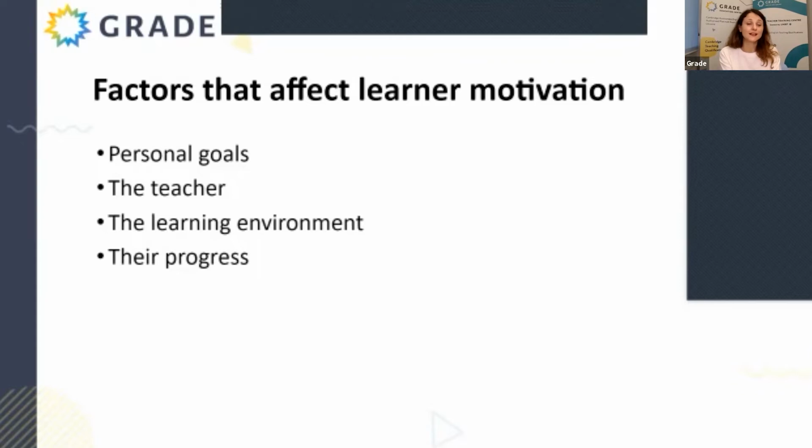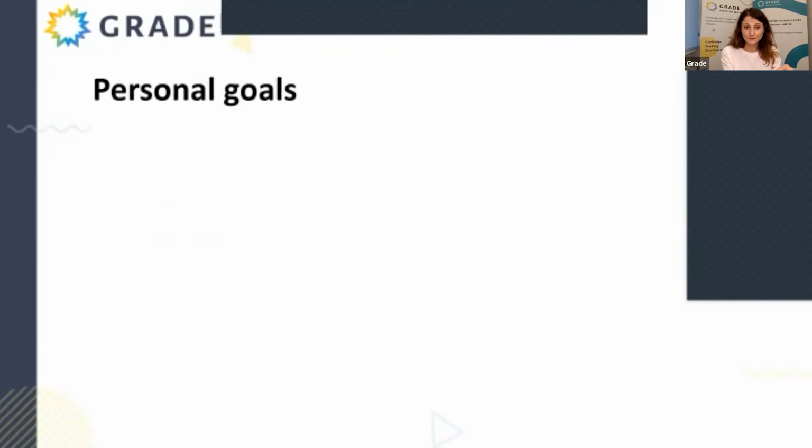Their progress, they like the teacher, they have their goals, they like the group, but they feel that they're coming in and just spending a good time, saying some English words, producing something in English, but they don't feel they're progressing. That can also affect and lead to the loss of motivation. So those usually work together.